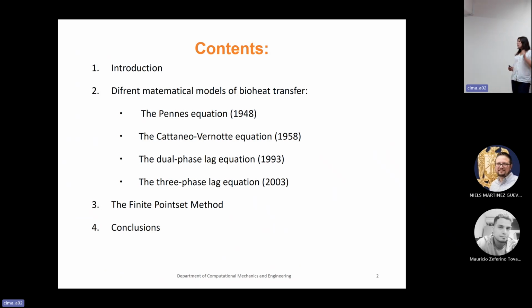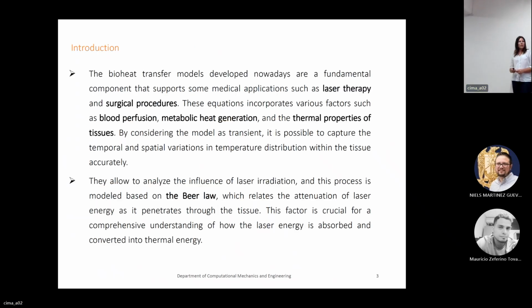And here in parentheses, you can find the official date when each equation was created. In the next point, I will say a few words about the finite quantity method. It will be an example of the application of this method to the diffusion equation, so this is, let's say, the easiest one. And in the end, I will conclude my presentation.